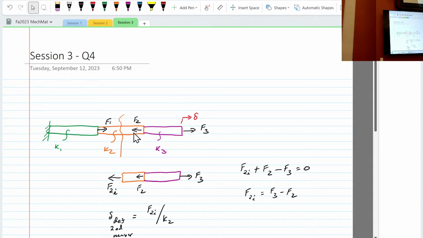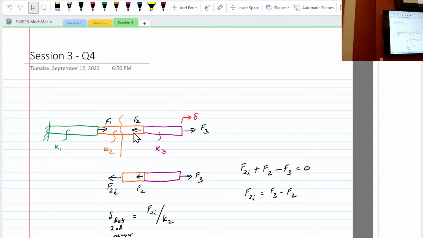But look what's happening. You apply that force, you move, right? This and this will not move. But this and this and this and that. But we don't know how much that moves.